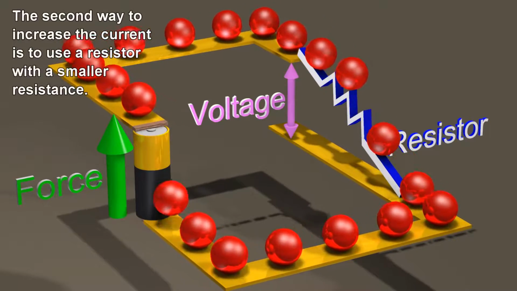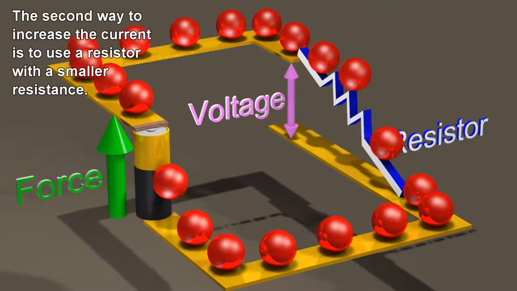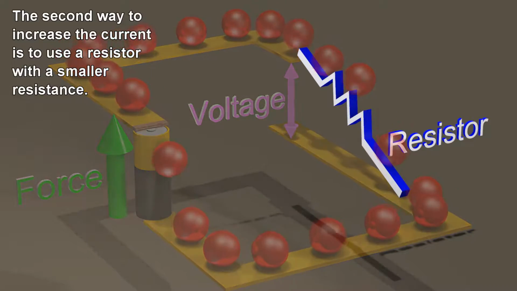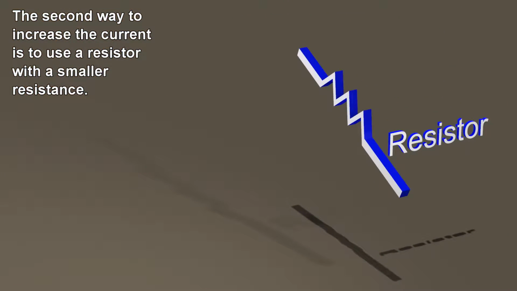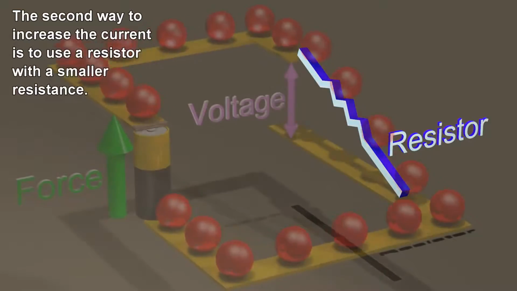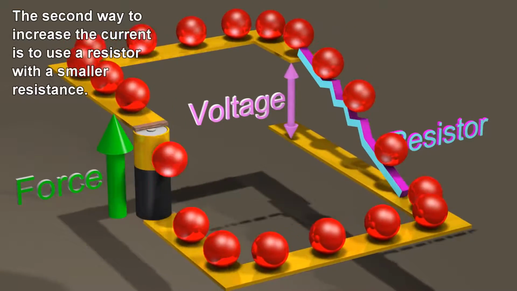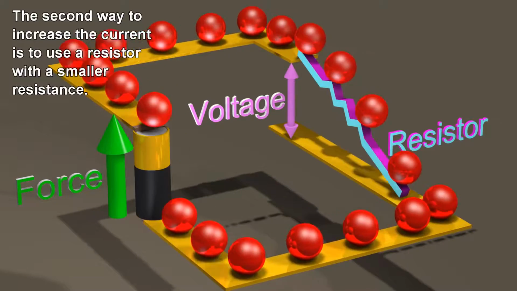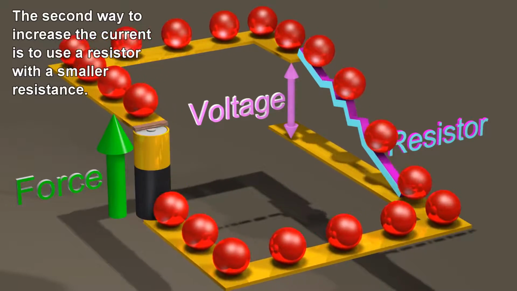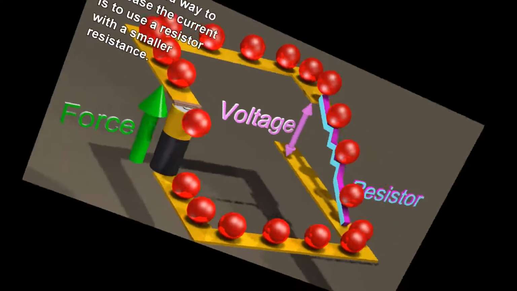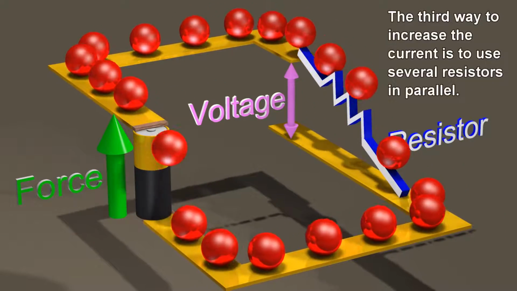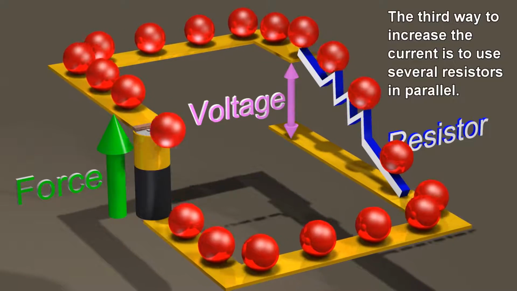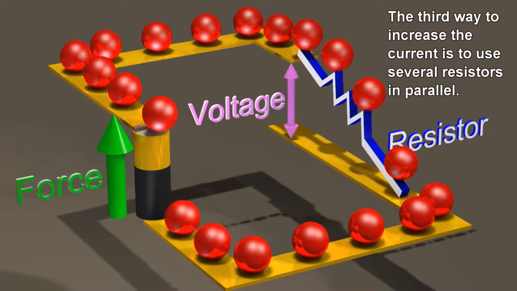The second way to increase the current is to use a resistor with a smaller resistance. The third way to increase the current is to use several resistors in parallel.